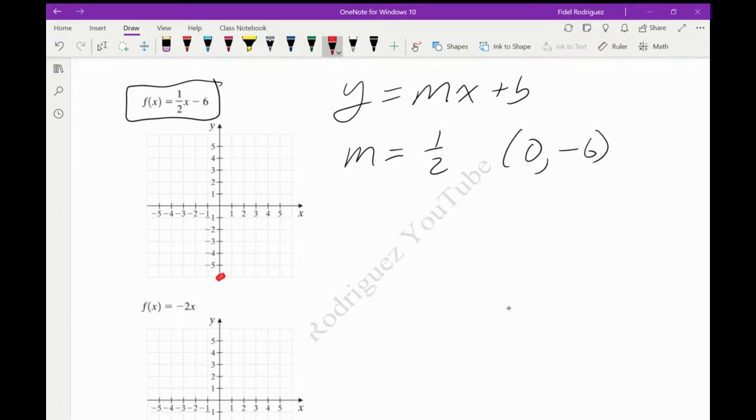I'm going to start down here, and since my slope is 1/2, I'm going to move up 1 and over 2, up 1 and over 2, up 1 and over 2. And again, there's my graph. My domain, one more time, guys, is negative infinity to infinity. And so is our range, right?